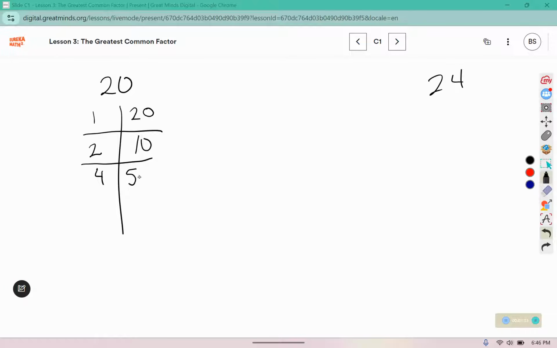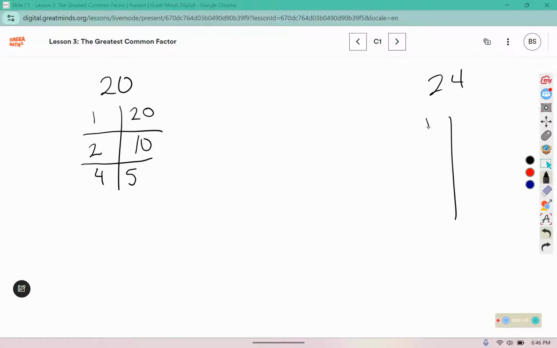The next number would be 5, but I've already used that. If 3 doesn't work, 6 won't work. 7 won't work. 8 wouldn't work. So those are all of my factors of 20.